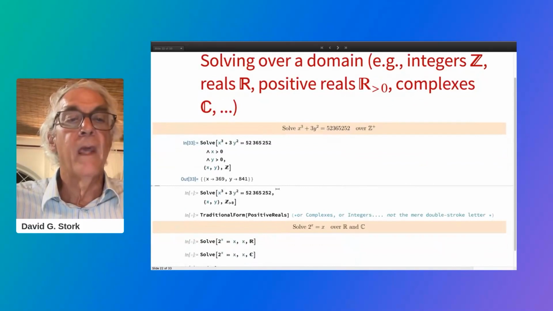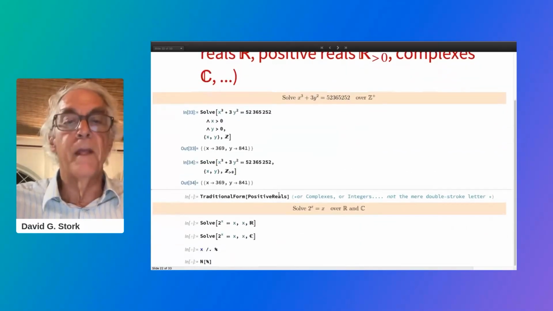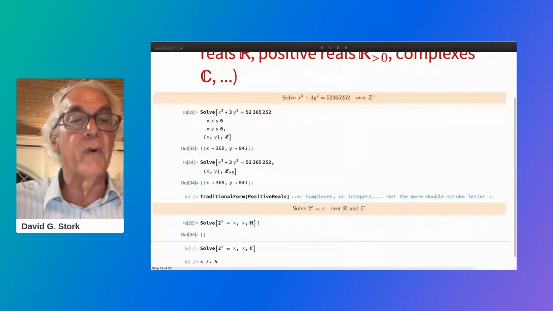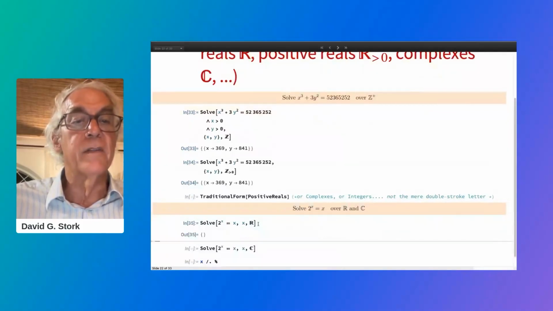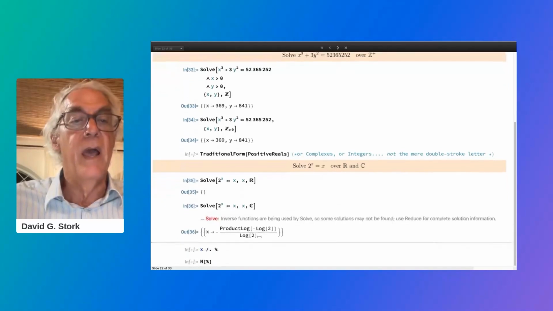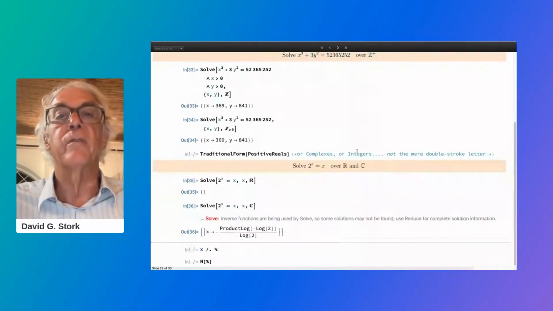Or solve 2 to the x equals x over the real numbers and over the complexes. There's no real number for which that is the case, but it can be solved over the complex, and x is a product log and so forth. You can even get the numerical value.